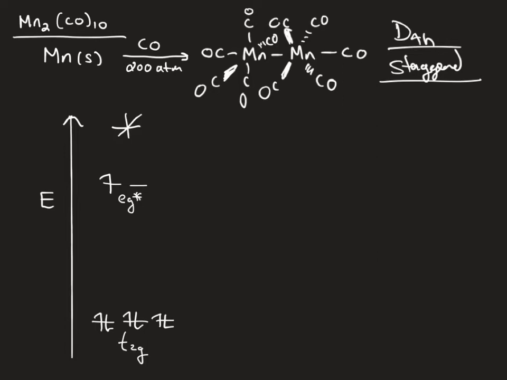So let's see what happens when we go from this 6 coordinate species to 5 coordinate in nominal C4v symmetry upon loss of that CO ligand. So to a first approximation, the dx squared minus y squared is going to remain unchanged.